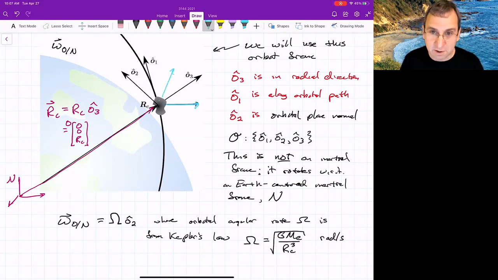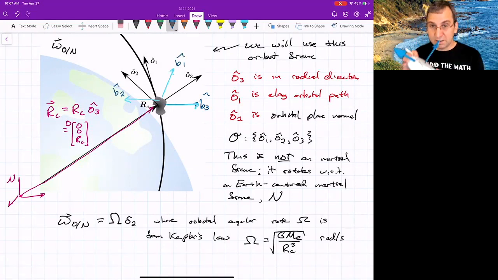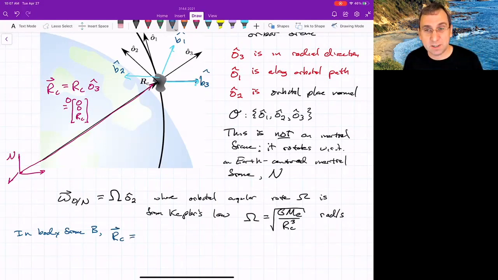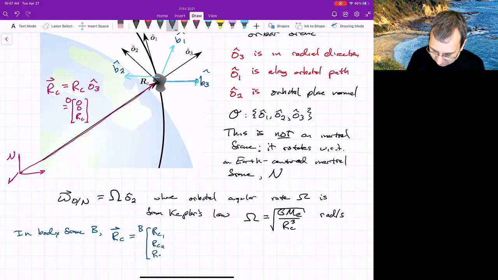If I had a body frame, B1, B2, B3, that's a frame fixed in the body as it's moving around. So in the body frame, we could write RC. It's going to have 3 components typically, and that's a bummer, but oh well. So we'd say RC1, RC2, RC3.